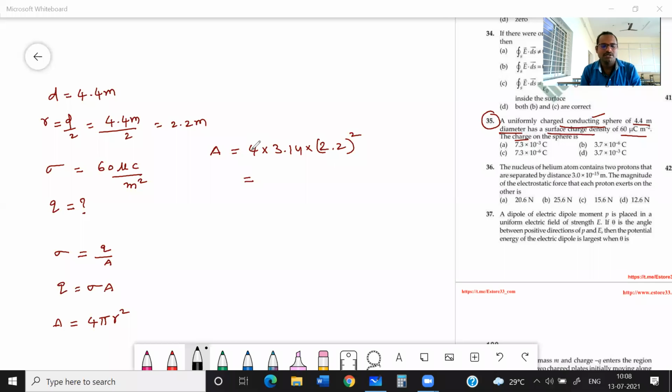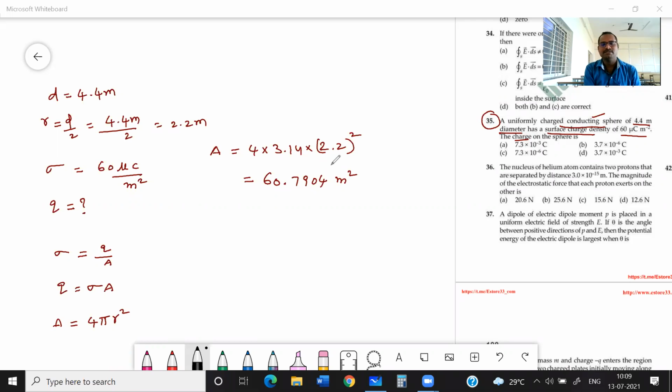Let me calculate: 4 into 3.14 into 2.2, 2 times 2.2, you will get 60.7904 meter square. This is the area.